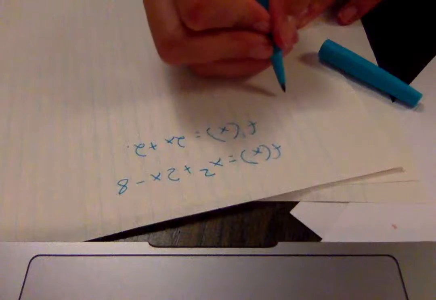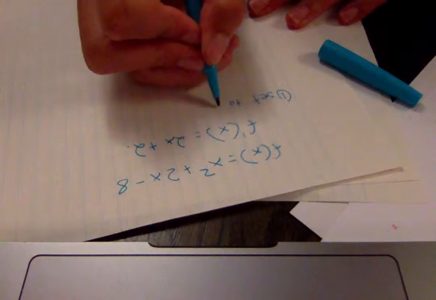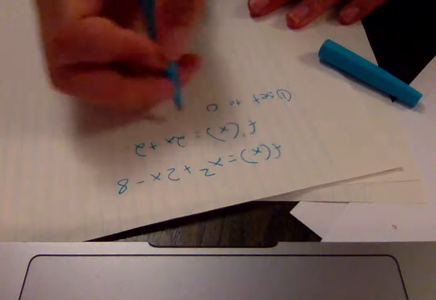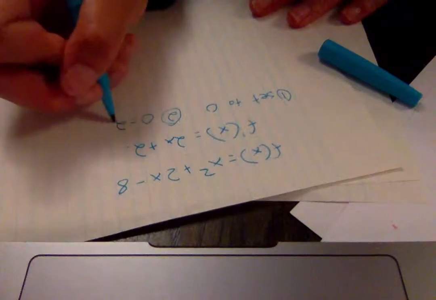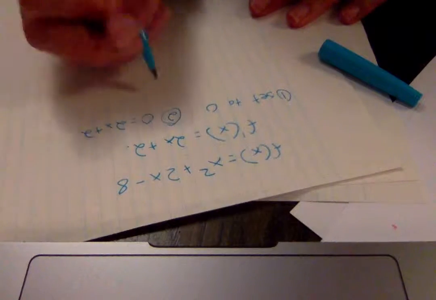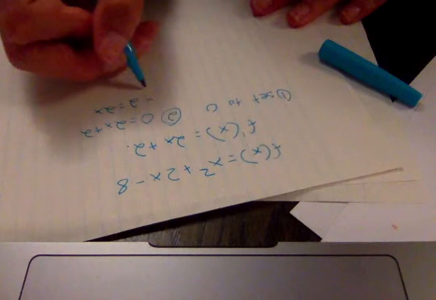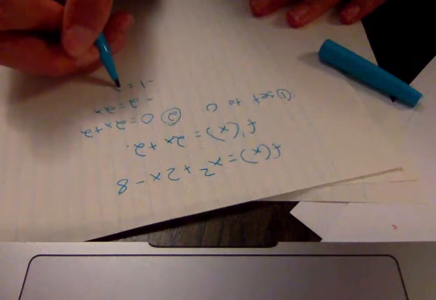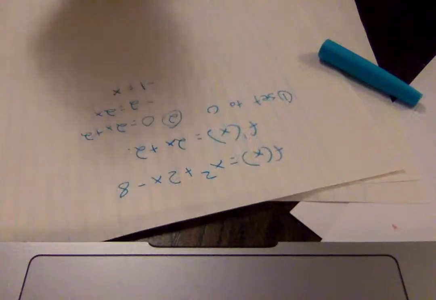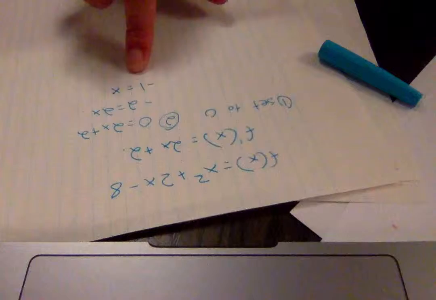The first thing we're going to do is set it to 0 and solve for x. So 0 equals 2x plus 2, which becomes negative 2 equals 2x. Then we find that x is negative 1. Now we know that our local max or min occurs at x equals negative 1.